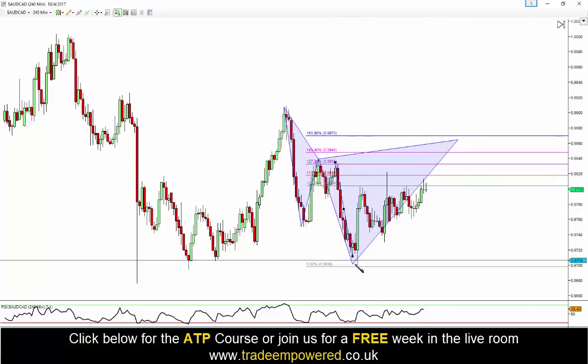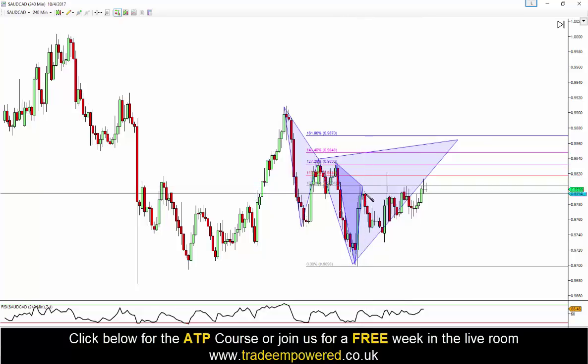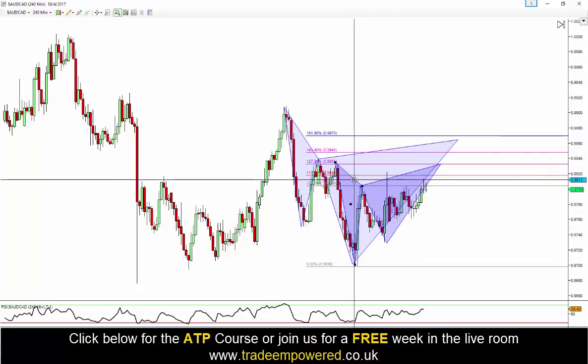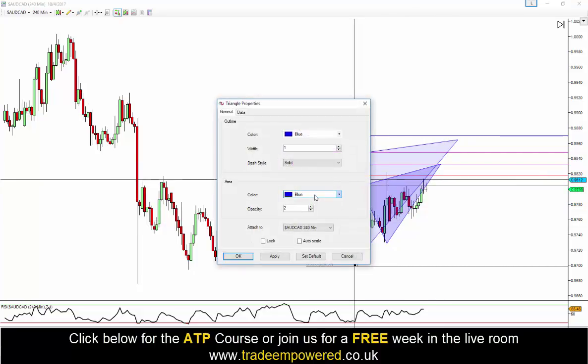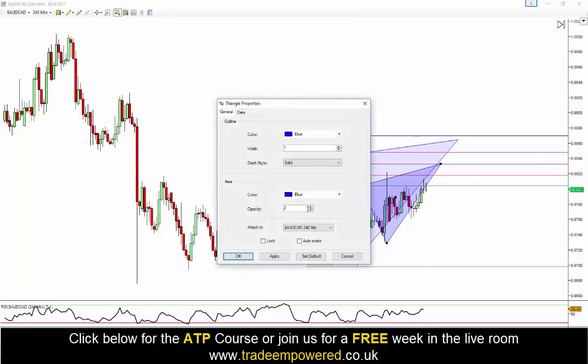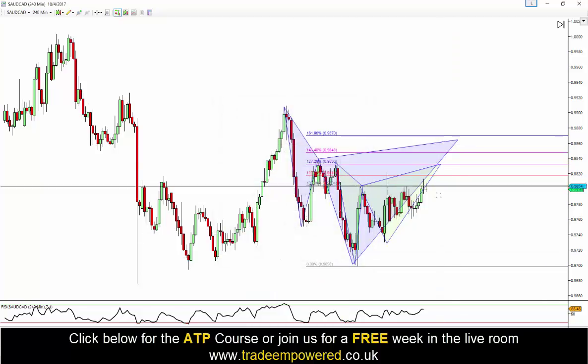So X to A to B, B to C, and a CD completion up here at 98.33. Still a technically valid Gartley pattern. Going to colour this one in green just so we don't get confused. So there's another pattern for you on the 4-hour time frame.